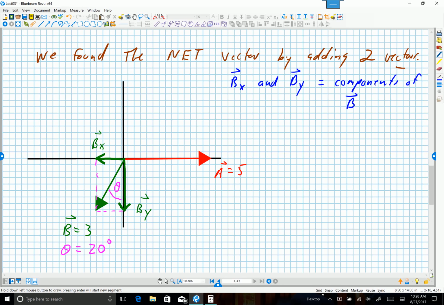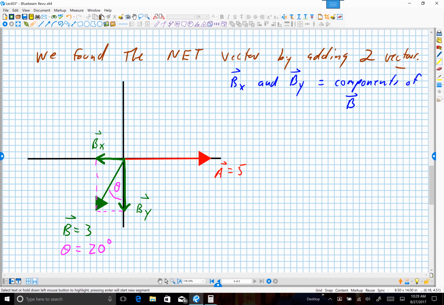Here's what I mean. Instead of thinking of this problem as adding vector a and vector b to get vector c, which is what I want, I look and I see that my two vectors of interest, a and b, do not follow either rule. Neither one of them is in the same line with each other, and they're not perpendicular to each other.